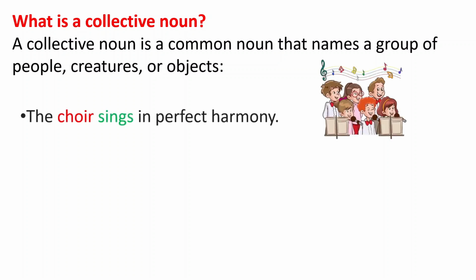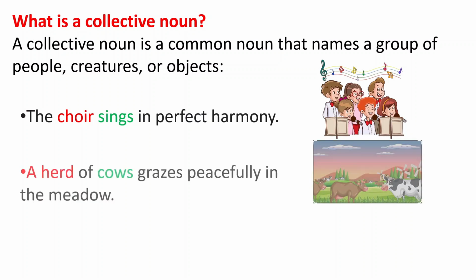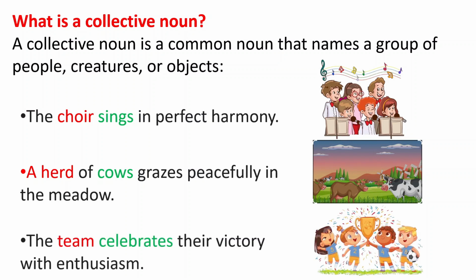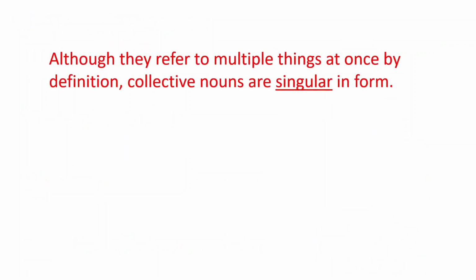Examples: the choir sings in perfect harmony. A herd of cows grazes peacefully in the meadow. The team celebrates their victory with enthusiasm. Although they refer to multiple things at once by definition, collective nouns are singular in form.